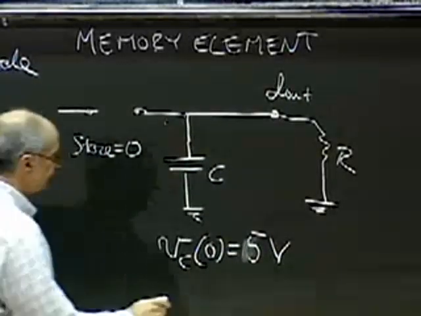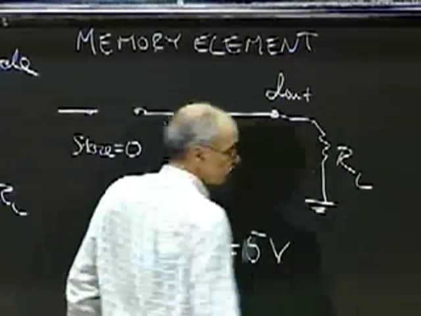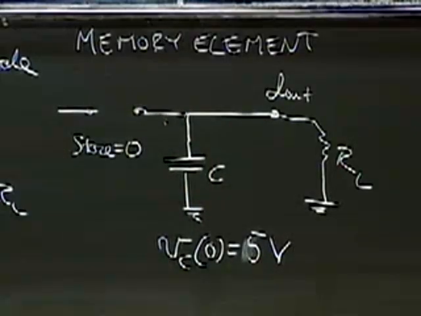And I'm asking myself, how long will this cell hold the value? In fact, that's actually what happens in a dynamic RAM. The value on the capacitor is not stored forever. That's why we call it dynamic, because we have to come back and restore it every once in a while. So for how long are we going to store the charge?